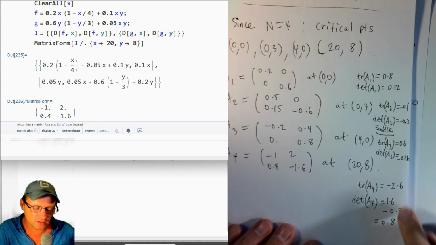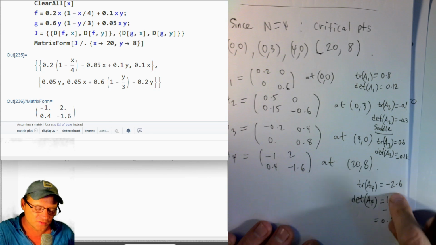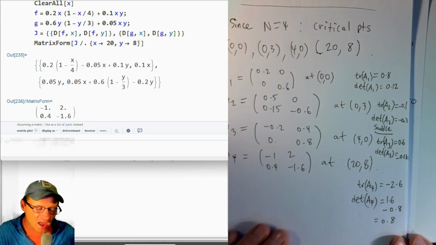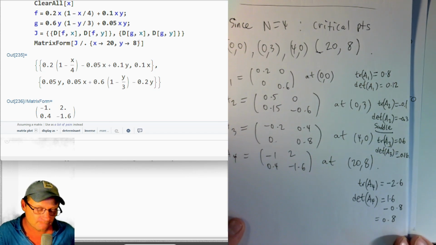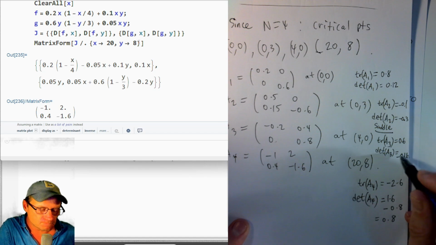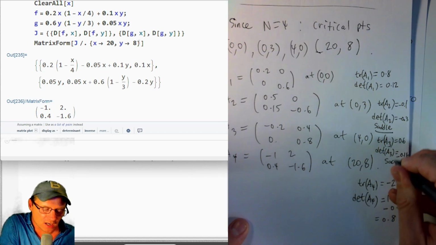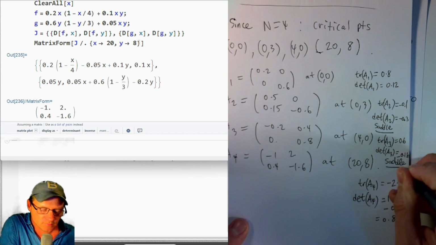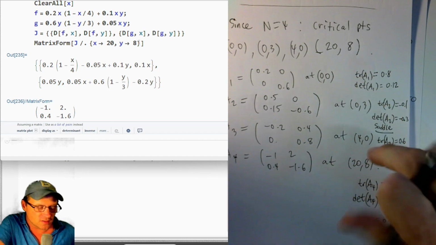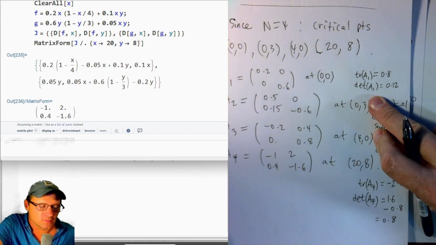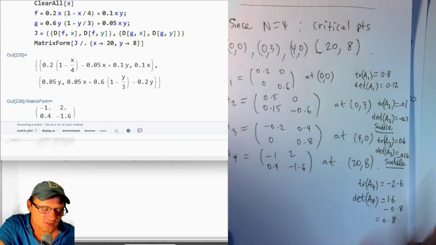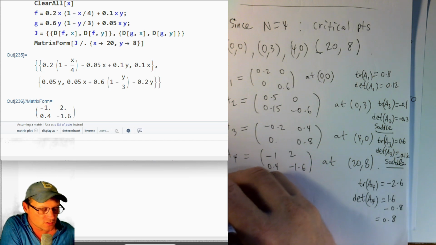And so we have a little bit more work to do to decide what this is. All right, so let's go back to, okay, so this one was a saddle as well, A3. So these two here were saddles in our classification. And so at 0, 0, we have a little bit more work to do.